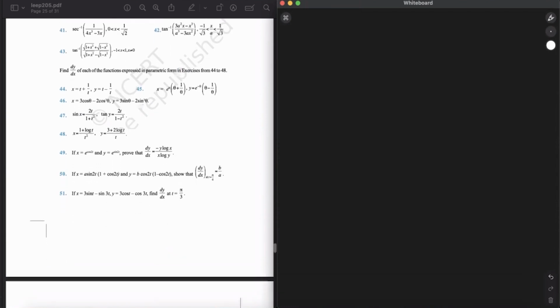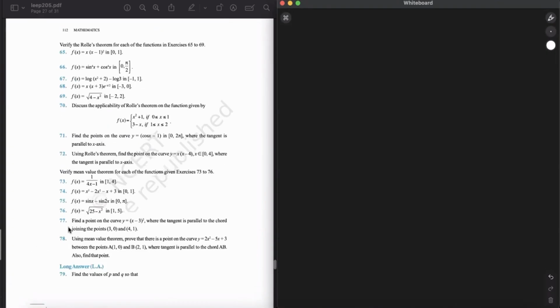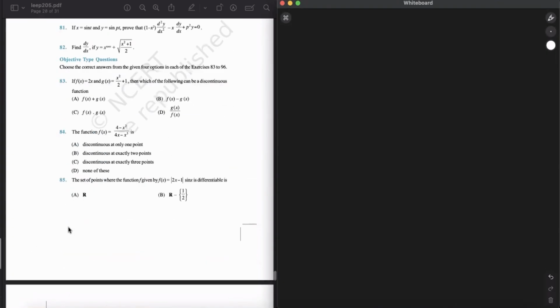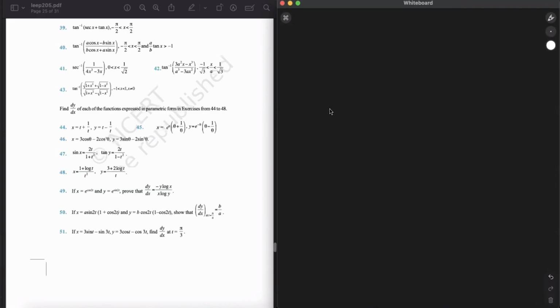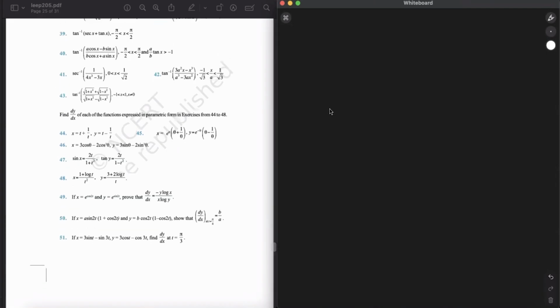Okay, still we have many questions left. So x is equal to t plus 1 upon t and y is equal to t minus 1 upon t.